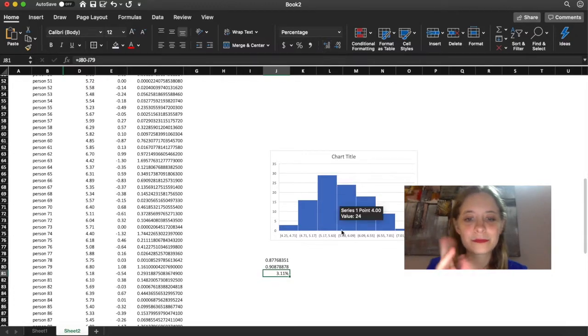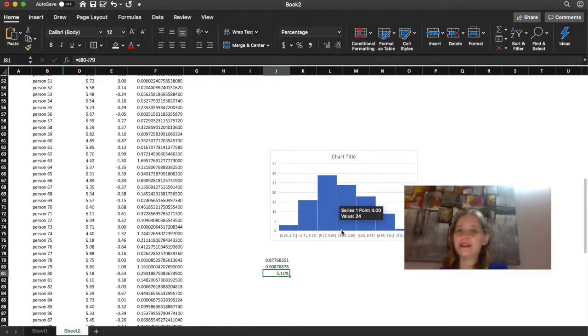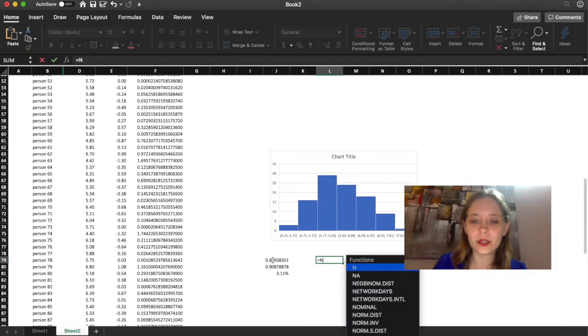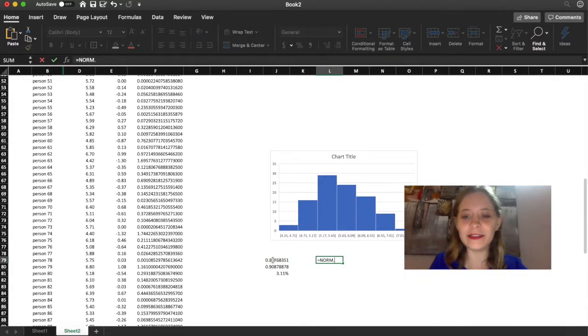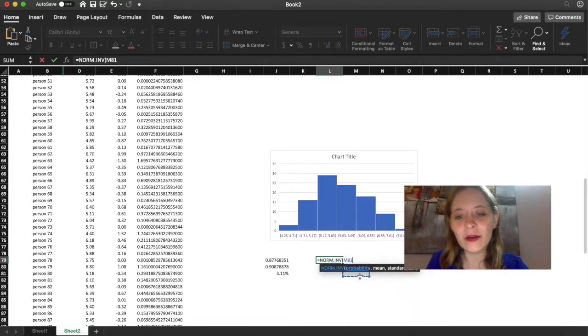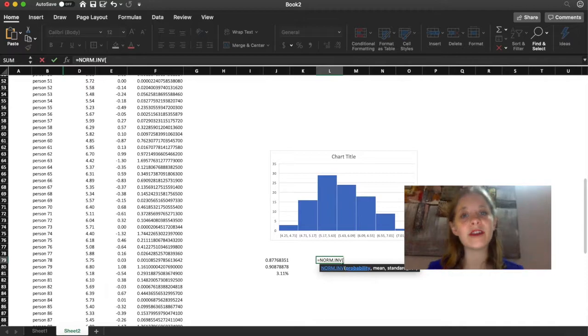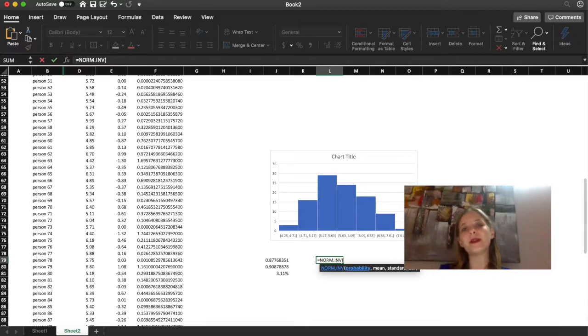The same way that we just used something that's called NormDist in Excel, we can use something that's called NormInv. And NormInv really is the same thing. However, this time we are asking for it to give us the value if we give it a probability.